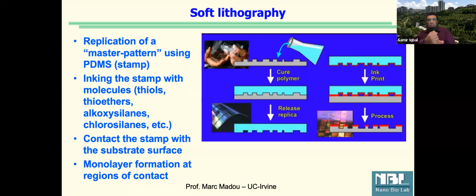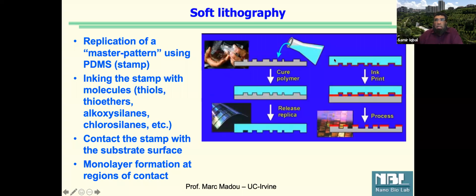These are stamps where they put it on the ink and they put it on the paper. So similar concept, that we make a stamp, you pour the liquid polymer on it, and when it cures, when it hardens, you take it away and use that as a stamp to transfer patterns.